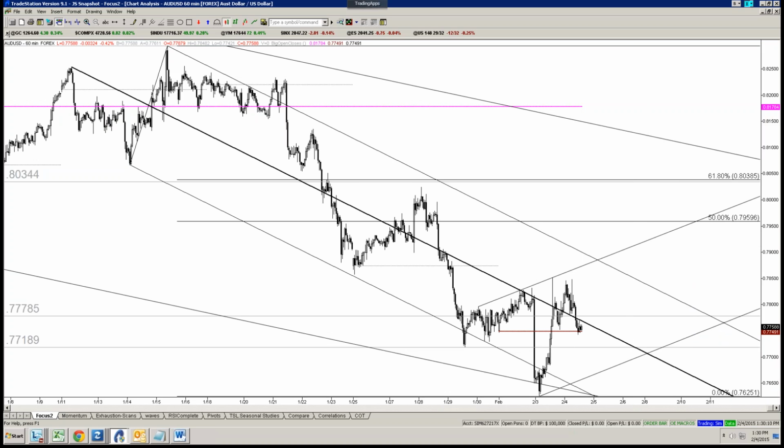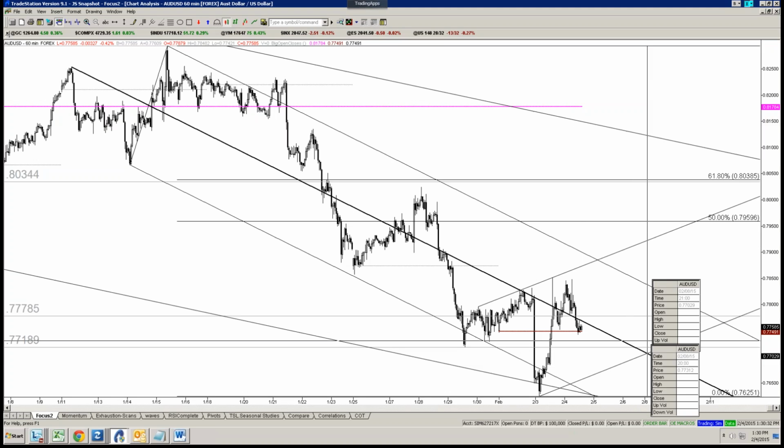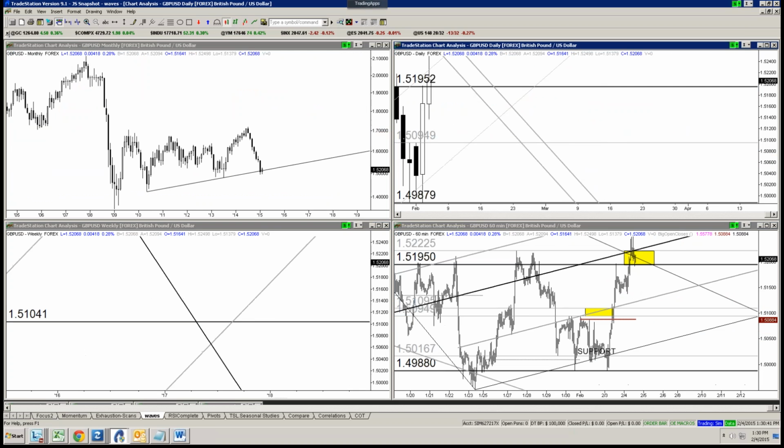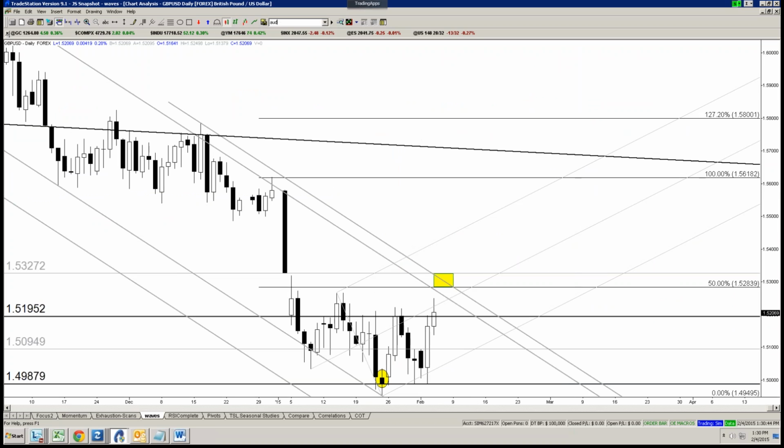So if Aussie can get its footing and chop sideways for a little bit, it may very well be that we get an opportunity to get some Aussie down here either Friday or Monday, for a bigger, corrective movement or whatever it is to the upside in the Australian dollar. And on that note, where might the bigger resistance come in for the Aussie dollar, you ask?